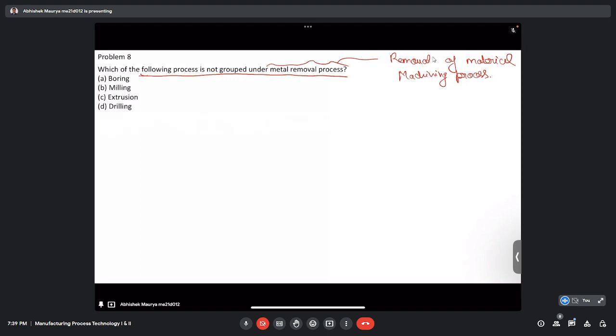For that, we try to remove some portion of the material from the workpiece, and we make it accurate so that it fulfills our functional requirements. So boring, if you remember, what was the boring?